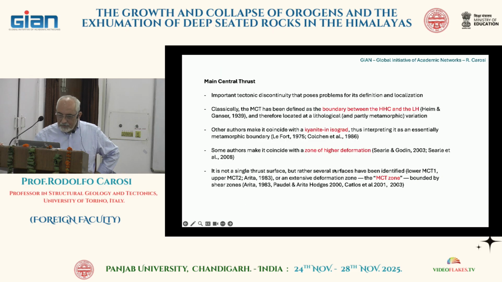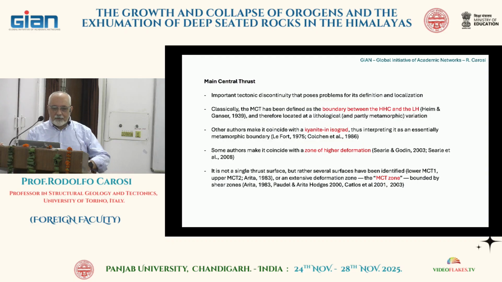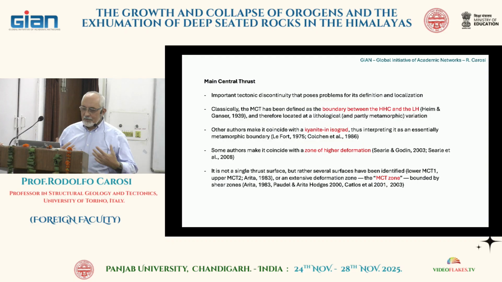So, okay. There is a problem of definition of the main central thrust, because it is one of the main tectonic features of the Himalayan belt, but there are several definitions, so it is a mess when you go to see the map, and people put the main central thrust in very different ways.